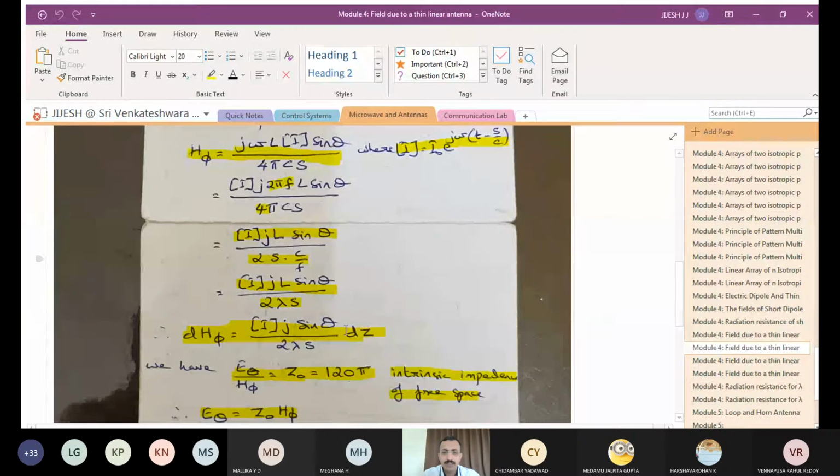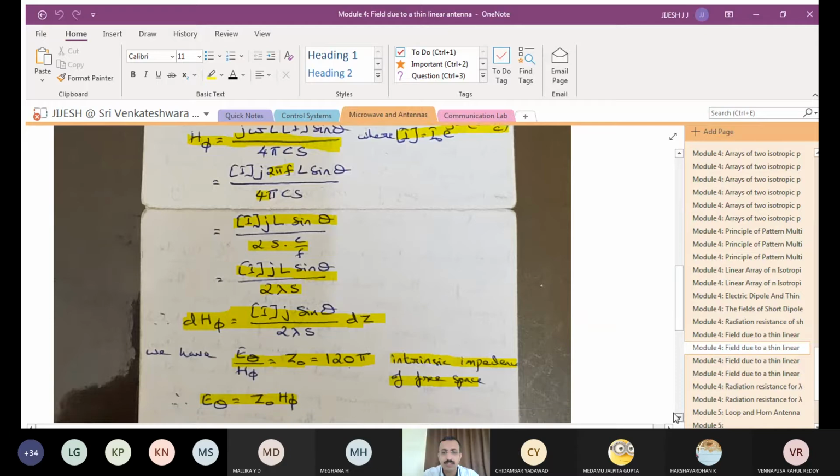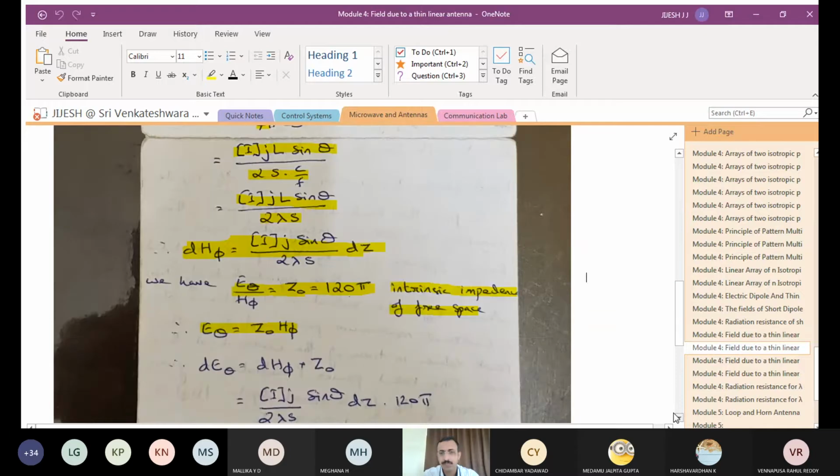Further to discuss, we have a relationship between E theta and H phi in terms of the intrinsic impedance. The intrinsic impedance of free space can be written as E theta divided by H phi. So E theta divided by H phi is Z naught, and we also wrote it as 120 pi. We have discussed this in the previous class as well.